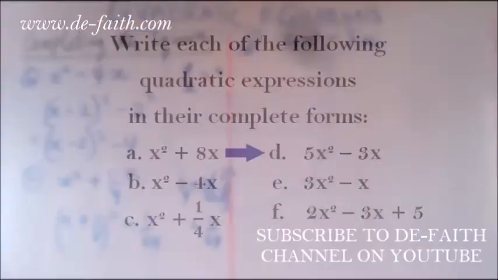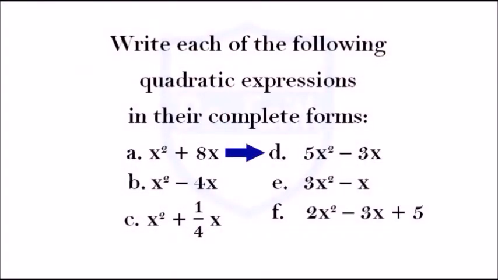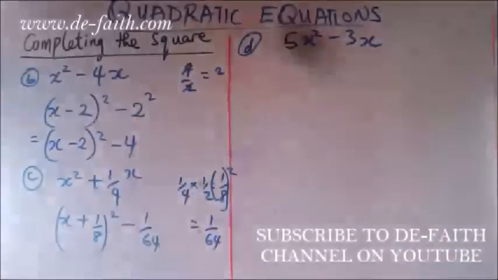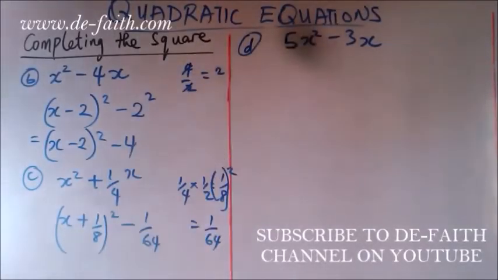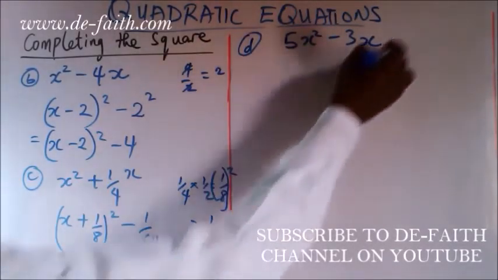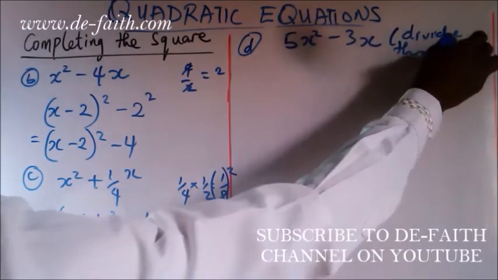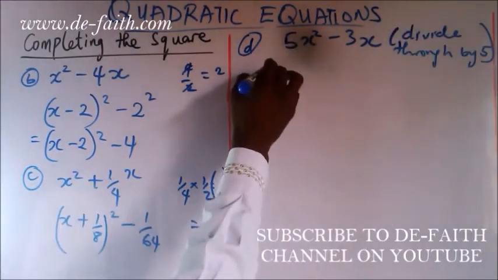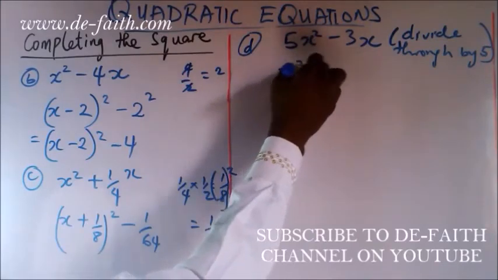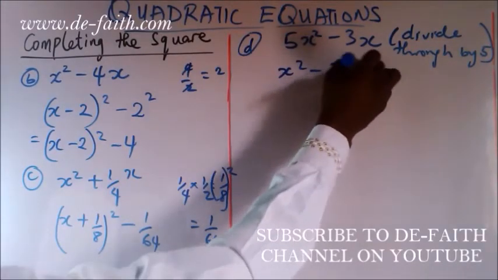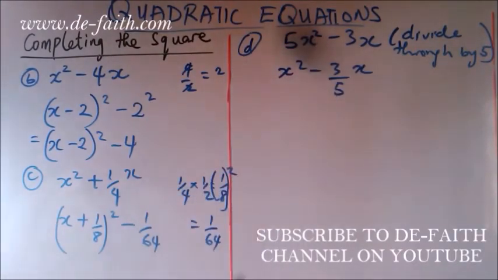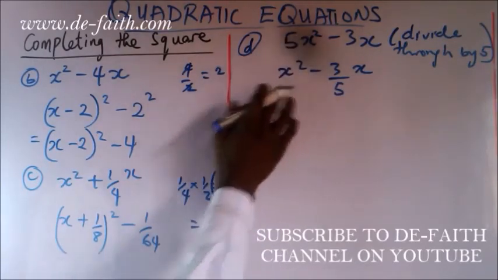Alright, so the next one is D, 5x squared minus 3x. Now in this one the coefficient of x squared is 5. So what we'll do is divide through by 5. When we divide through by 5, what we'll have is x squared minus 3 over 5x. Now the 5 here is no longer there.